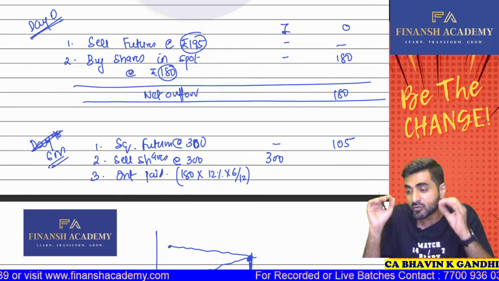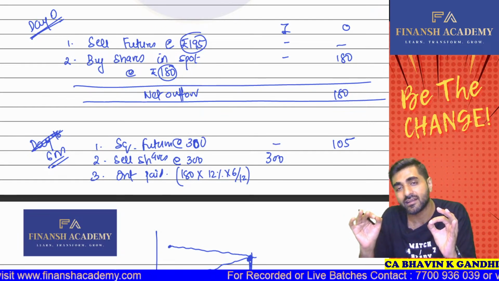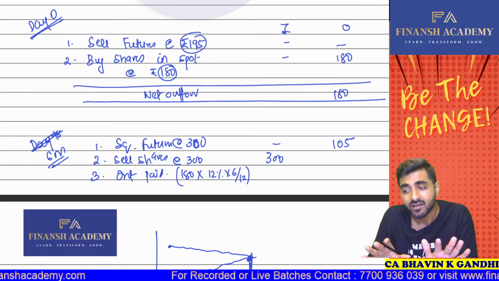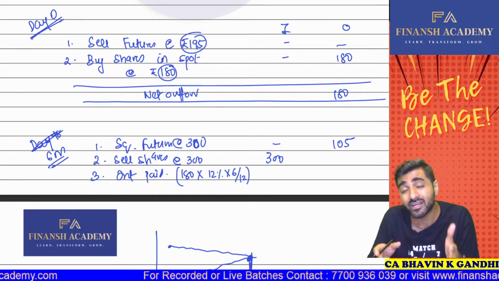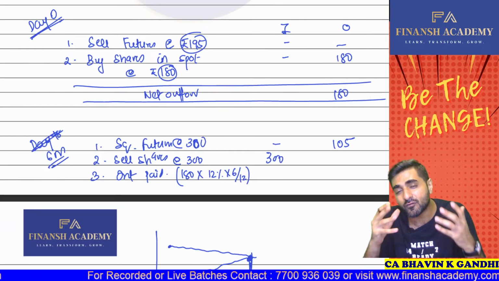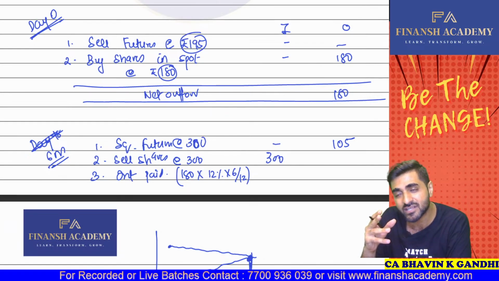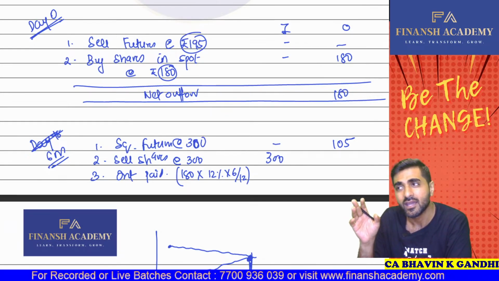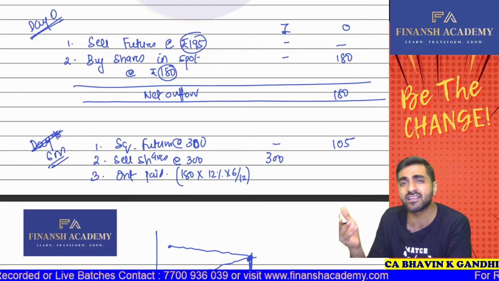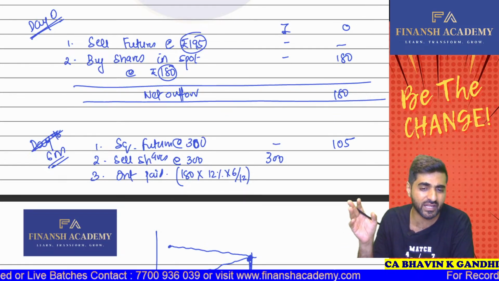Because a future is a derivative contract, theoretically there is no inflow or outflow which we consider when we are calculating arbitrage gain. But if you ask me practically, when you enter into future contracts, are there any margins involved? Then the answer is yes. But while calculating arbitrage profits, when we are just selling the future contract, there is no inflow or outflow which we take into consideration.